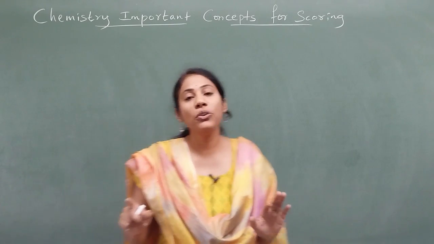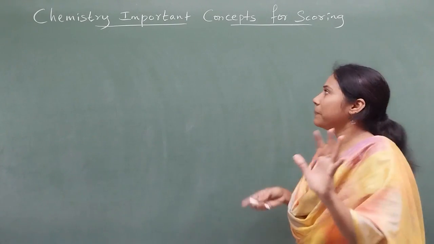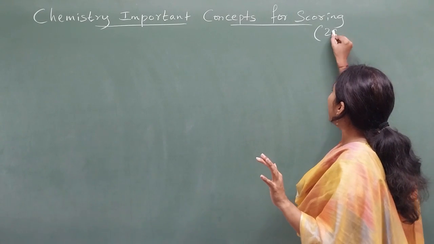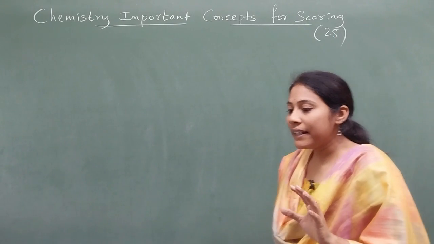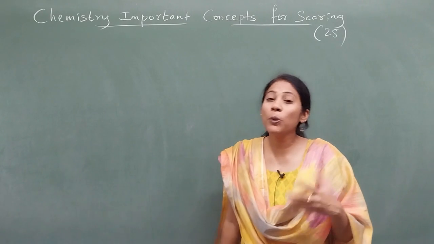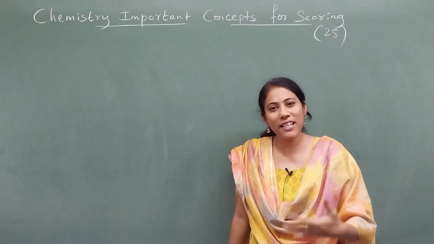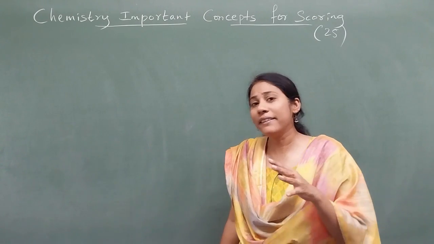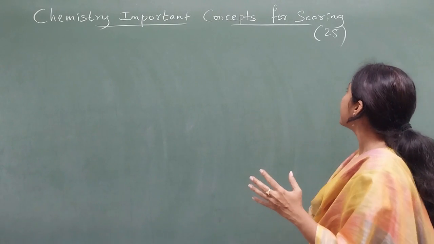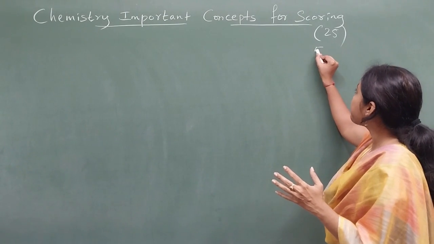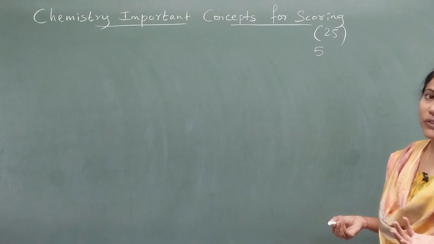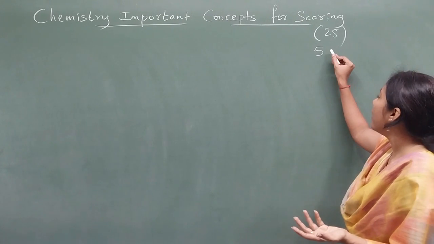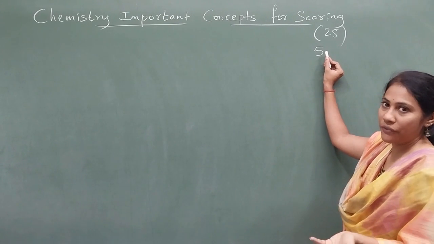We all know chemistry, that is part B, is of 25 marks. Actually there is no chapter wise blueprint as such, but we can guess, right? You have 5 chapters in chemistry, so 5 into 5, 25.